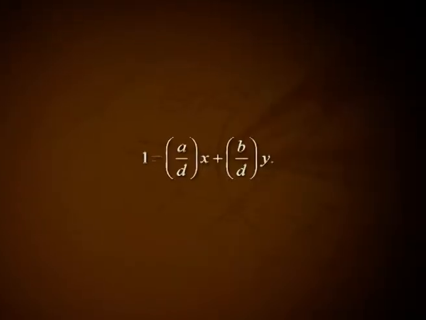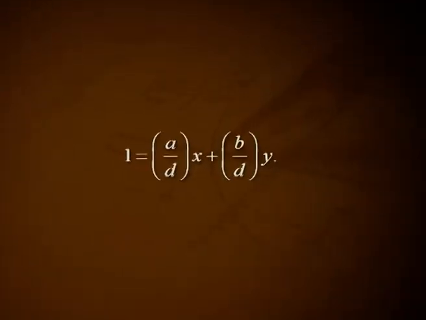Now, knowing that GCD(a, b) = d, it is possible to find integers x and y such that d = ax + by. Upon dividing each side of this equation by d, we obtain the expression 1 = (a/d)x + (b/d)y, because a/d and b/d are integers. By Theorem 4, we can conclude that a/d and b/d are relatively prime.